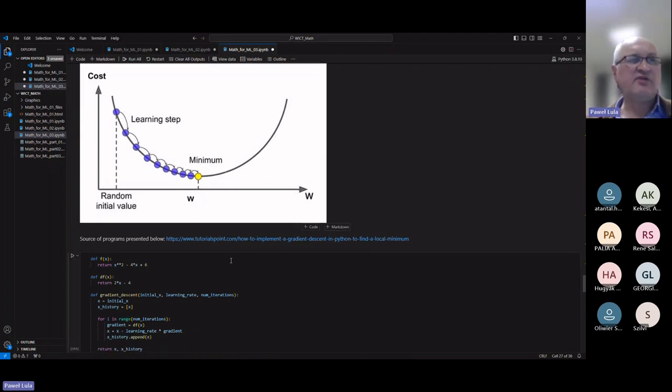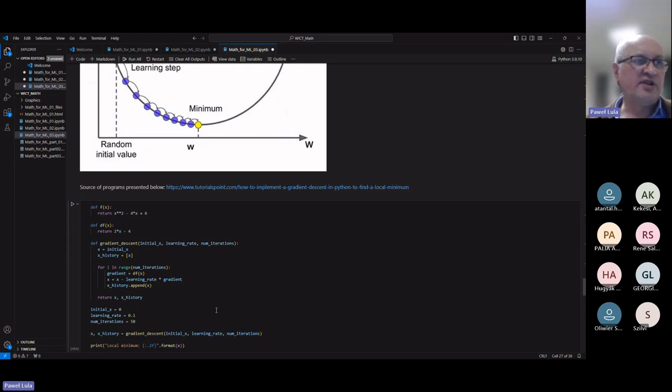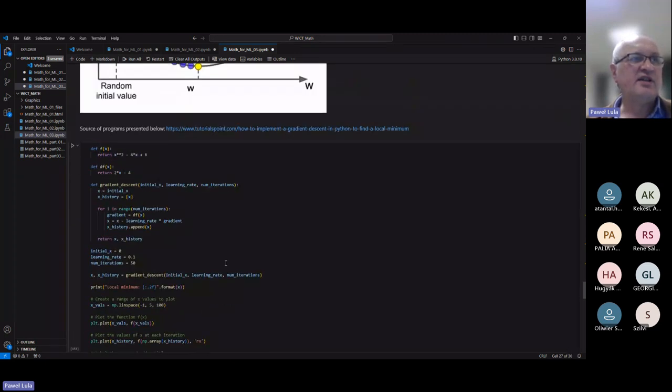And on the internet, I found a program showing this technique. I made some rather small changes here, and I have this function. It is a function x to the second power minus 4 multiplied by x plus 6. Its derivative is defined here.